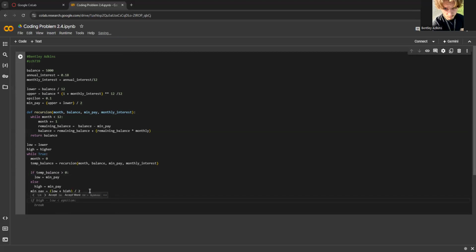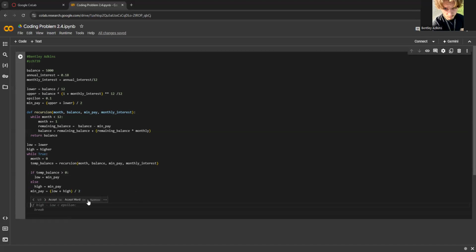And then minimum payment is going to equal, we're going to actually use this round method here. I found it easier to use this over using the F. So minimum payment, we're going to round to the second decimal place.